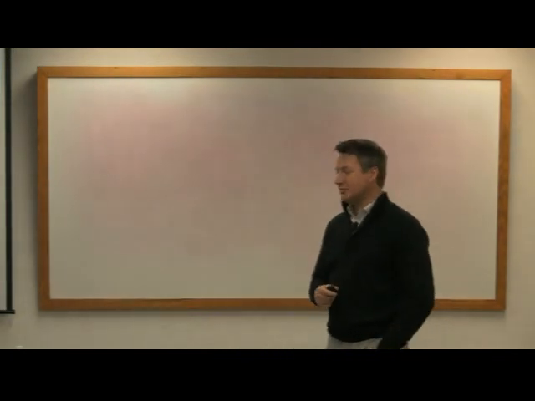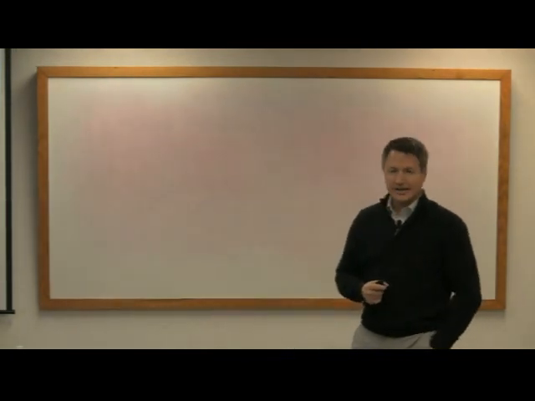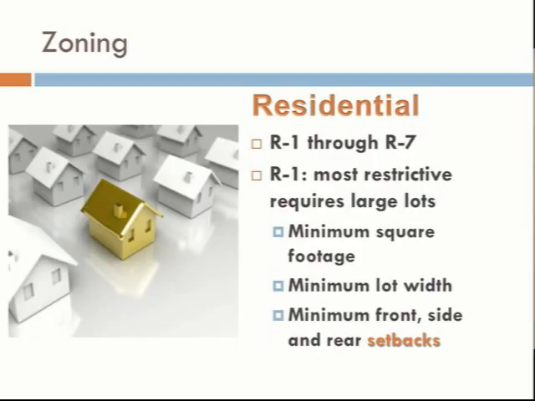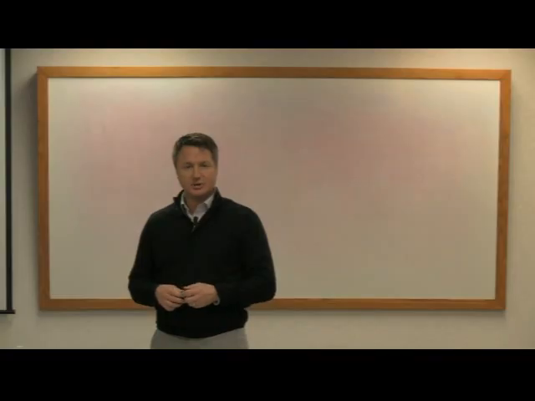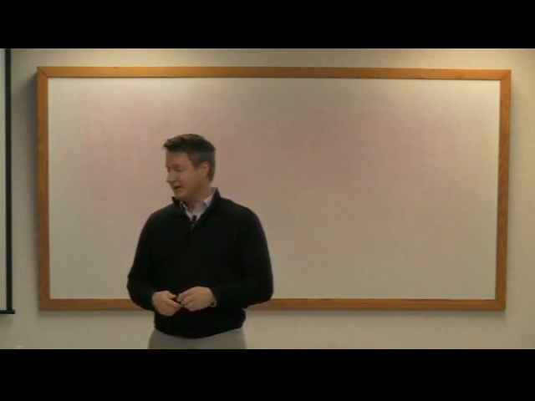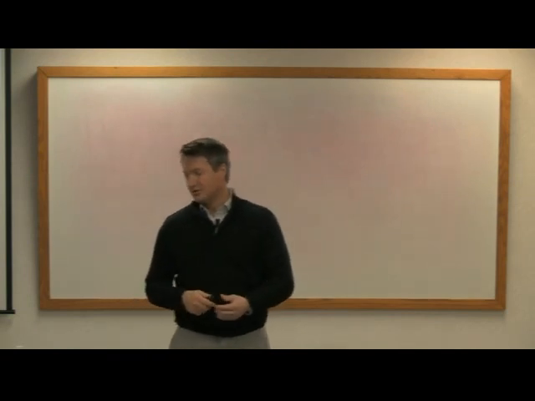The next 2 slides, we have residential and commercial. We have the R1 through R7, and you may have the definitions as well, whether you look them up online or you look in your book. And we have the same thing for commercial.